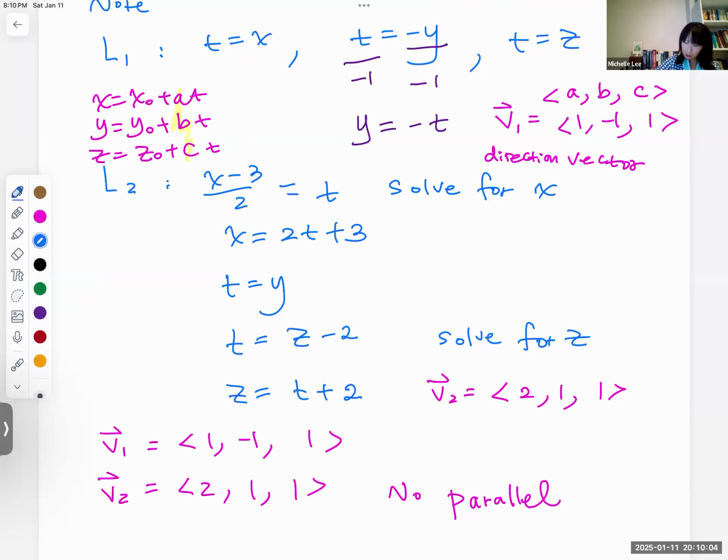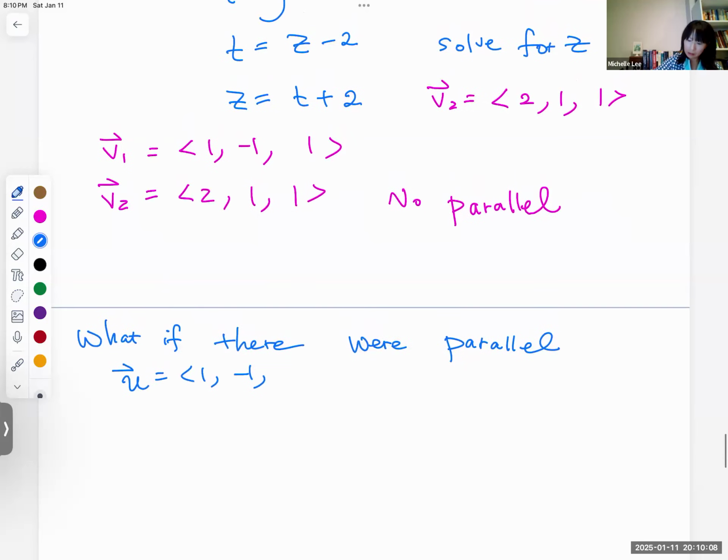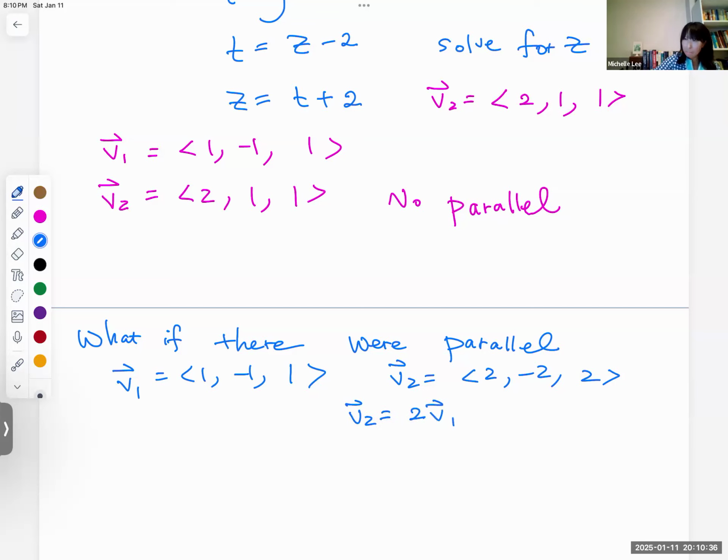Let me use the same notation. V sub 1 equal to 1, -1, 1. Then V sub 2 will be 2, -2, 2, because we can say that V sub 2 equal to 2 times vector V sub 1, right?